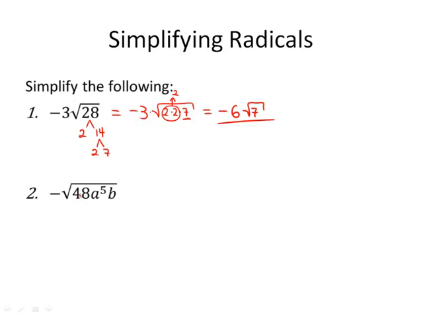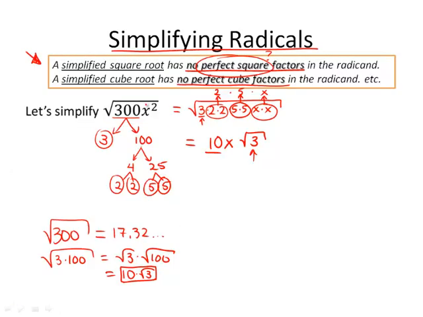Let's continue on. This one has a number, so it's similar to this approach, but let's just talk about what happens to the variables and their exponents. So sometimes, in the previous slide, you notice that when you have x squared, it ends up being an x out front. So you could either think of it as, well, I had a pair of x's.